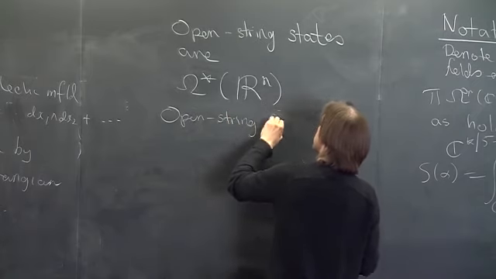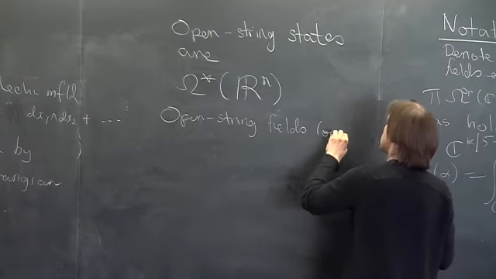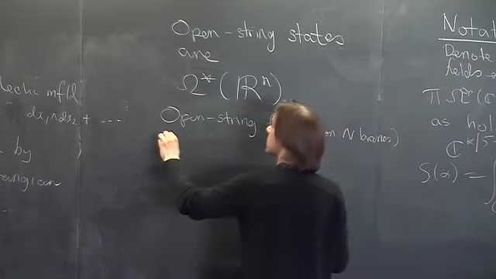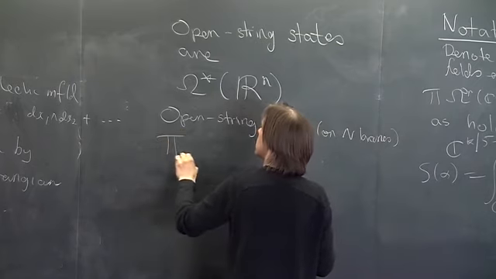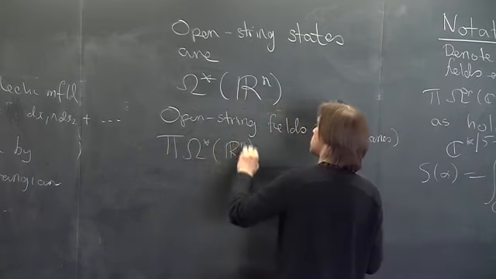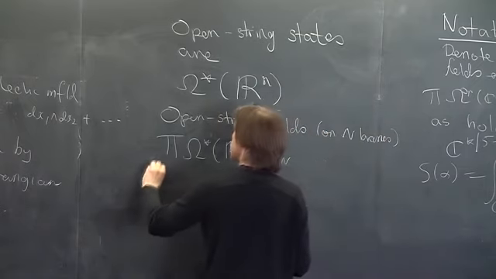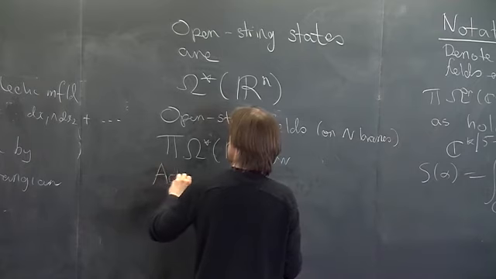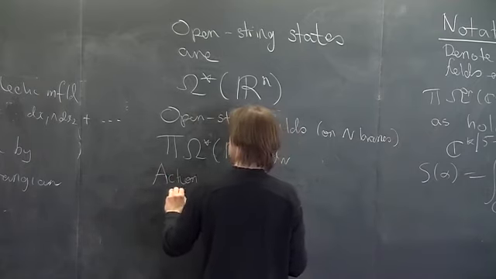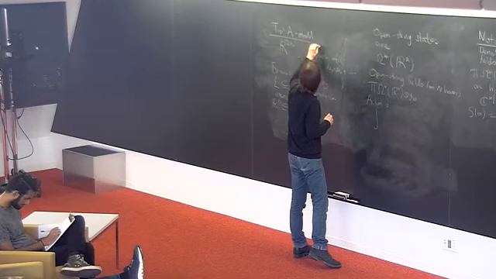So the open string fields, the same kind of argument applies, and the action is the... I'm going to assume that n is odd for simplicity.